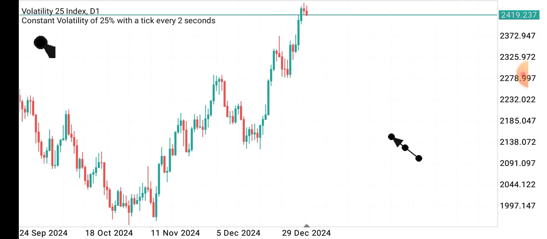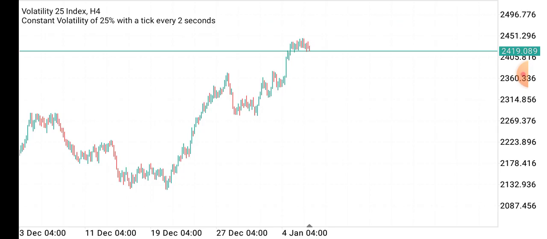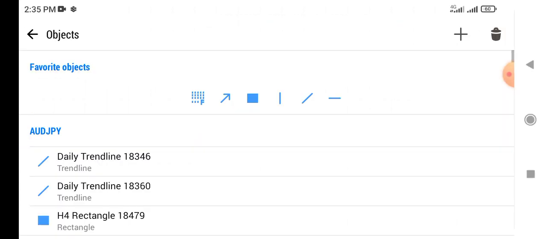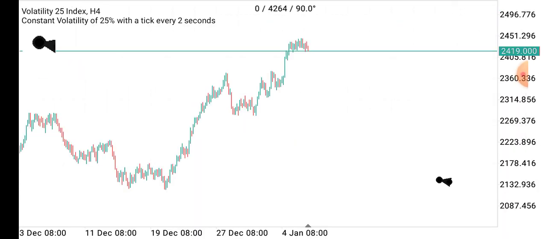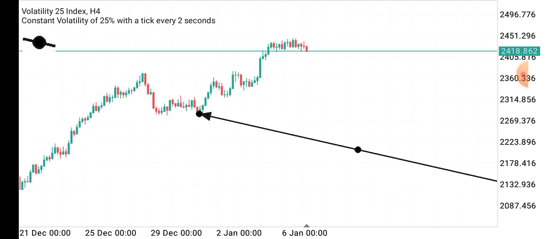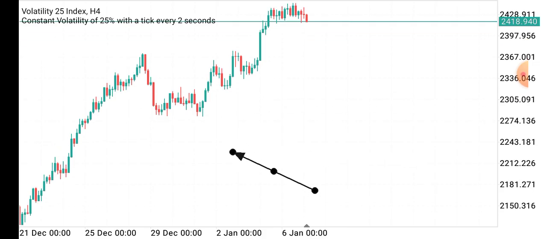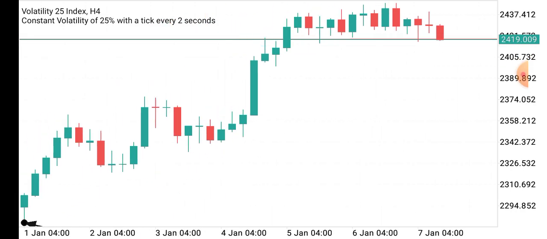On the 4 hourly time frame, we actually got this pattern right here. Where is that? I wrote line 2. Okay, we had a double bottom here, these two bottoms at this point. And we also had another double bottom on the 1 hourly time frame, which I used in entering my trade.